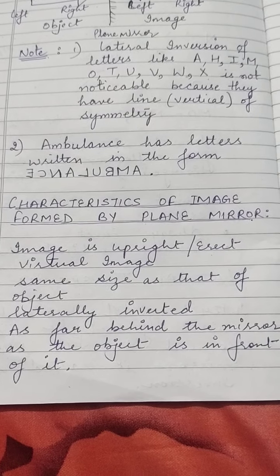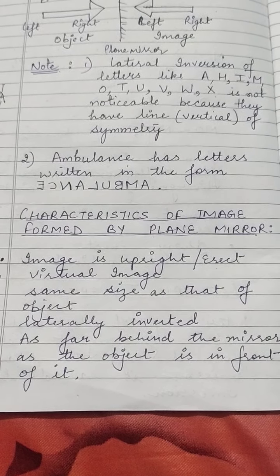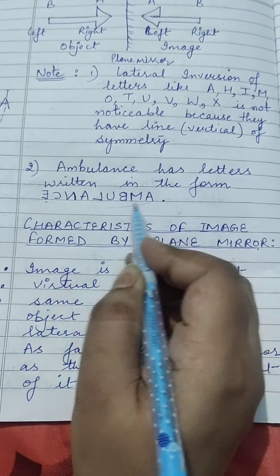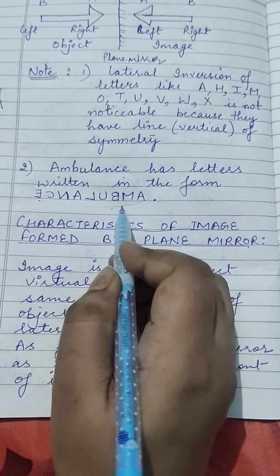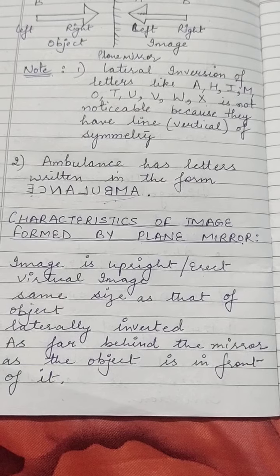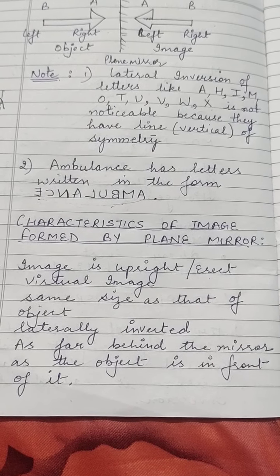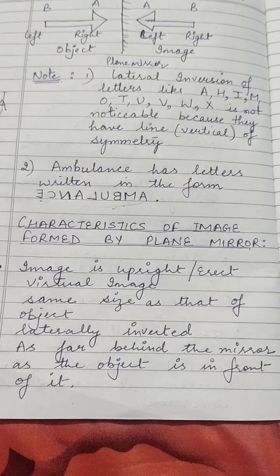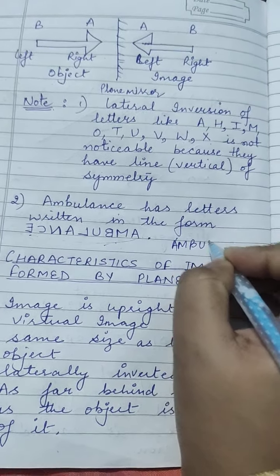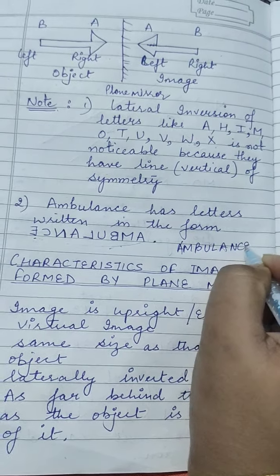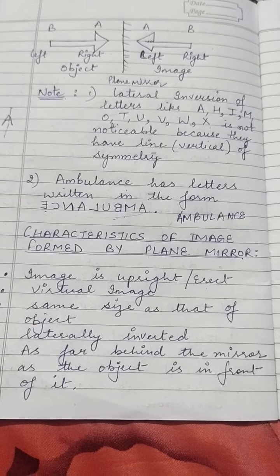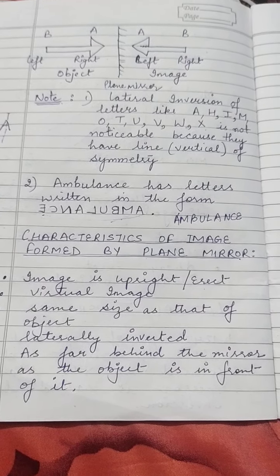Next, in front of an ambulance, the letters are written in this pattern, so that if the driver of a vehicle moving ahead of the ambulance looks in the rear view mirror, he can read the word ambulance correctly, as it is laterally inverted.